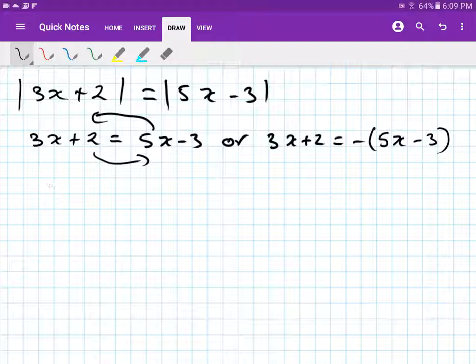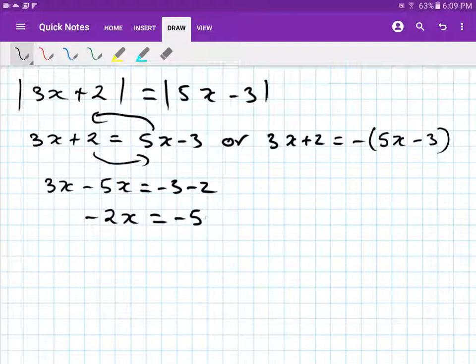So that means 3x minus 5x is the same as negative 3 minus 2. So 3 minus 5 is minus 2x, equal minus 3 minus 2 is minus 5. If you divide by minus 2, because I want to get rid of the negative 2 of course, that means x is equal to 2.5, right?